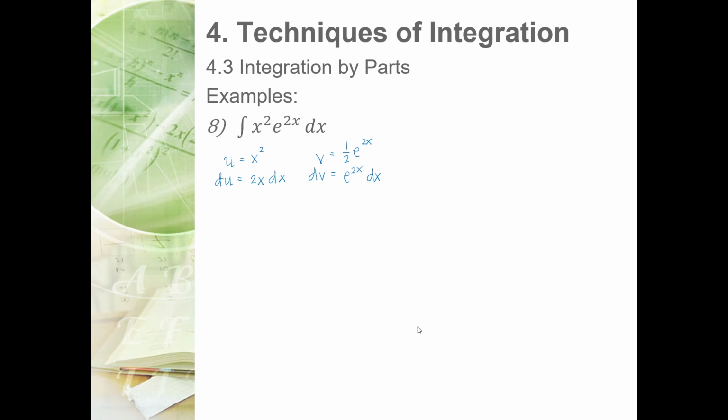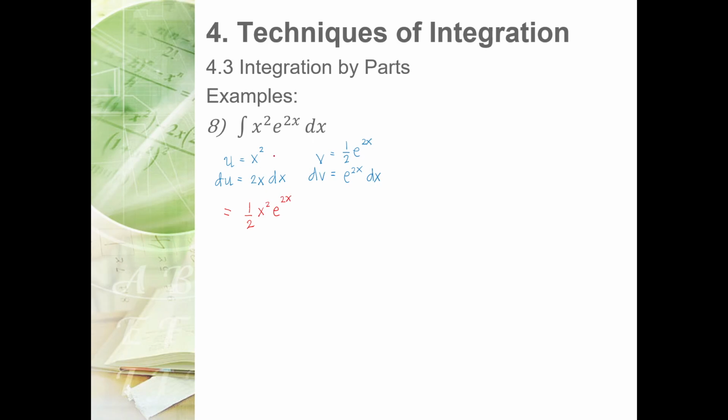So e to the u du, right? So let u be 2x, and then du would be 2 dx, right? So you have du over 2. Okay, so we have now 1/2 x squared e raised to the power of 2x.